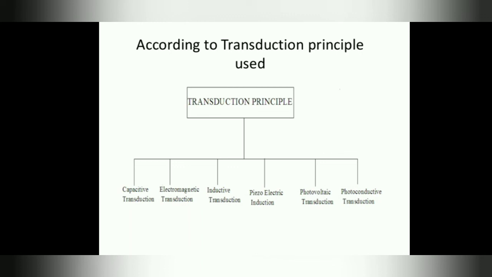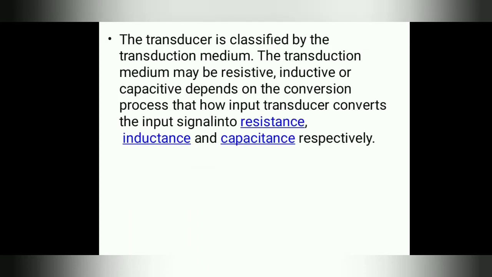Depending upon the principle of transduction used, we can have these types of classifications. The transducer is also classified by the transduction medium. The transduction medium may be resistive, inductive, or capacitive, depending upon the conversion process, that is, how the input transducer converts the input signal into resistance, inductance, and capacitance respectively.